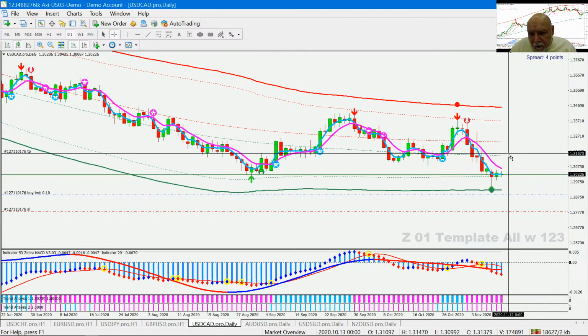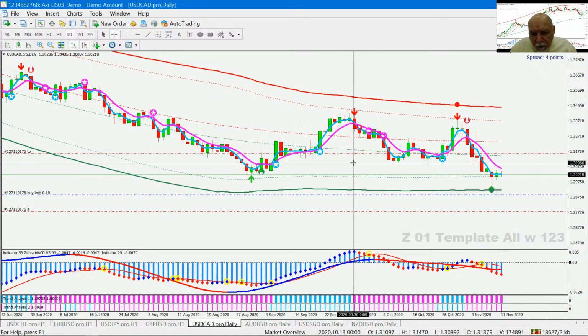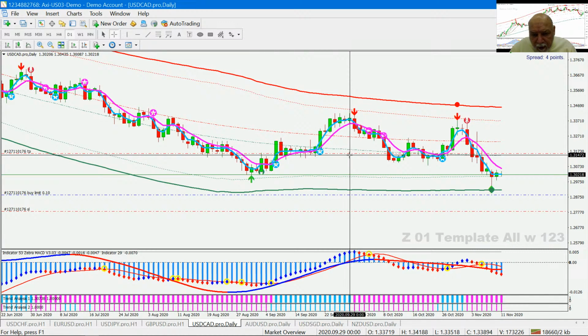And here is my target, if I can get it to read. That's a 269.